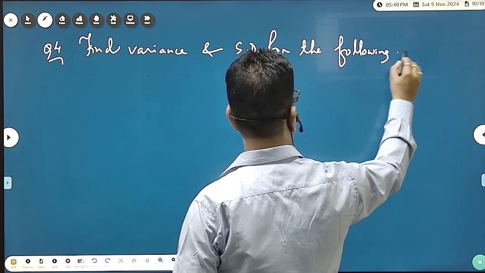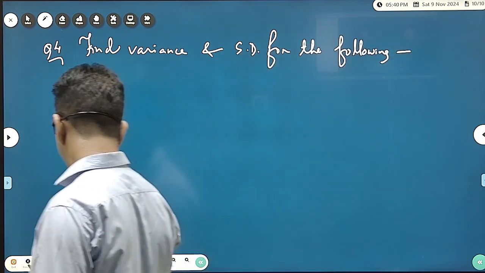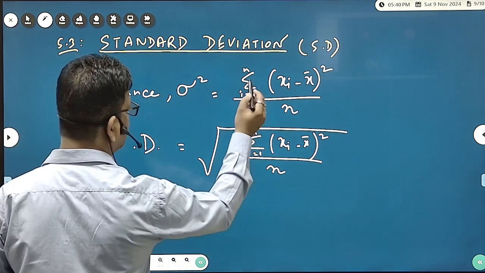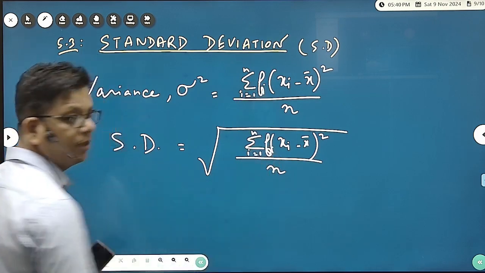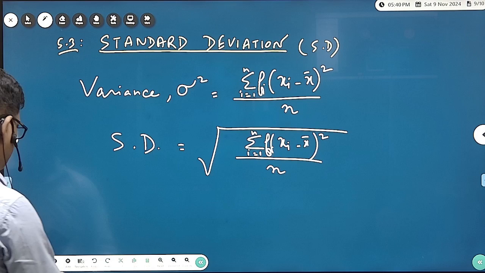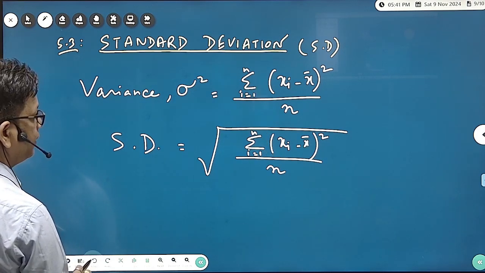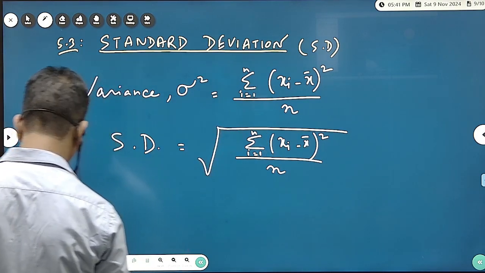As I told you already, there are some similarities. The similarity in the sense that if it is discrete, continuous or group data, we just have to put fi here. The same we have done. And in place of n, we will do summation of fi.